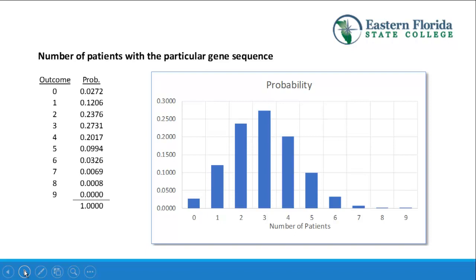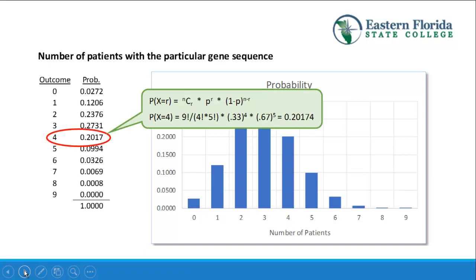So the most likely outcome out of 9 trials is to see 3 patients having this gene sequence. Seeing 2 or 4 patients is also fairly common. Finding fewer patients or more patients with this gene sequence is a much more rare event.